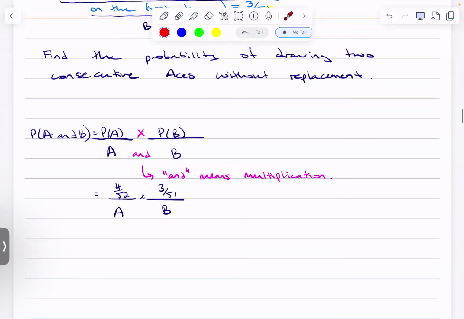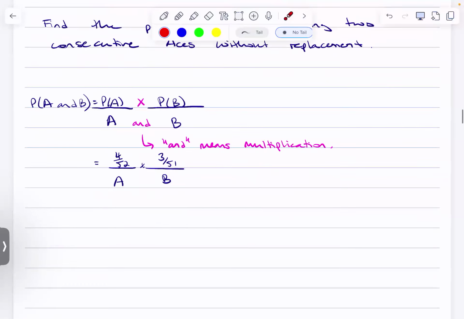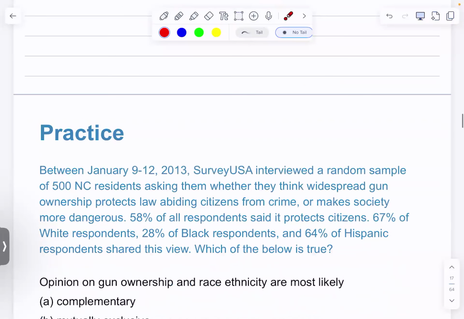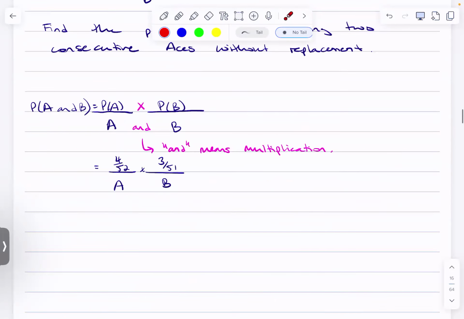And so now I think we're ready for the next example. I think so. Oh, that's what I was going to say. If A and B are independent, right, then we wouldn't need to make an adjustment here, right? And so let's see here.